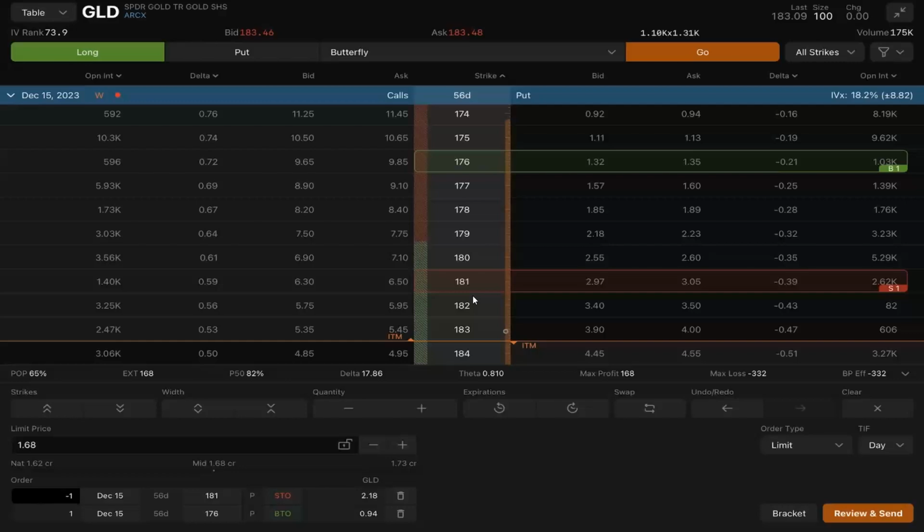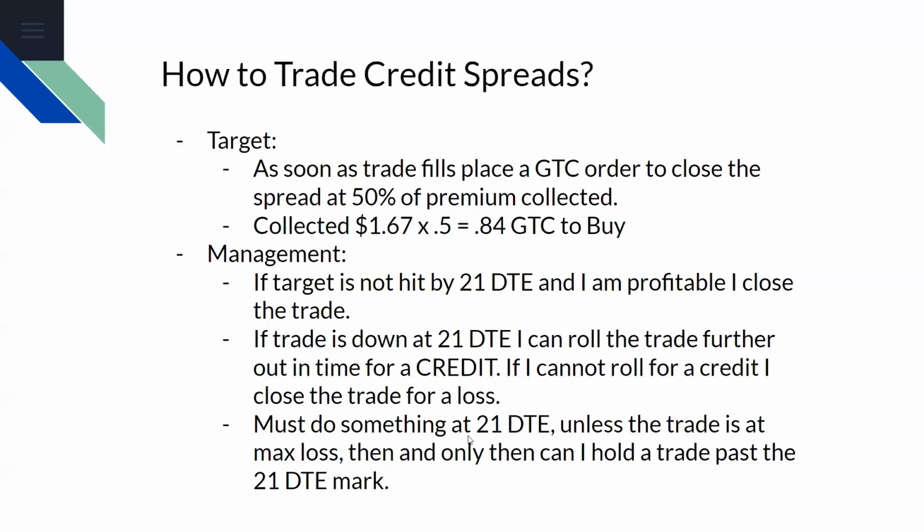So now that we've determined our strikes, we've determined our expiration, we've found the right setup, the math is all lining up, we're getting the premium that we're looking for, we execute the trade, we're now in this trade. So as soon as I am in this trade, I immediately set a good till cancel order to close the spread at 50% of premium collected.